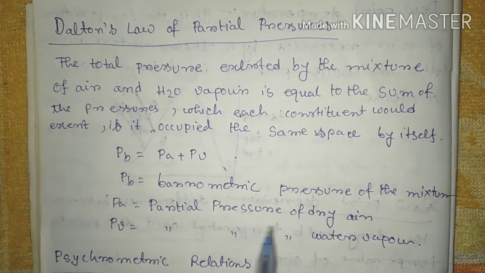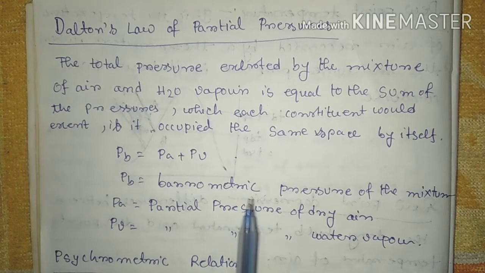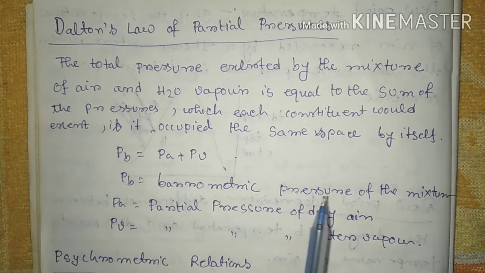plus the partial pressure of water vapor, because all of you know that moist air basically consists of dry air and there is some amount of water vapor also present. It is not possible to eliminate all the vapor from the moist air, so there is some vapor content.